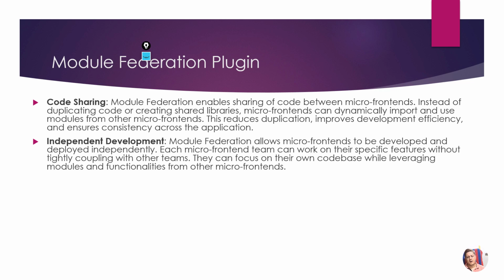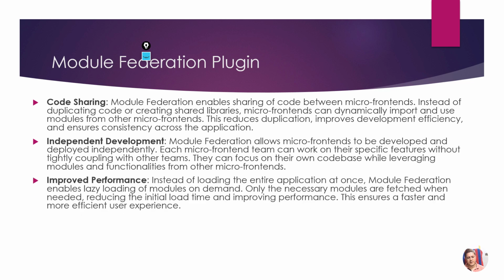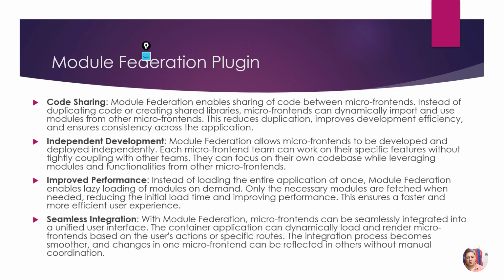We can implement independent development on all the different repos. We can get improved performance because we can enable lazy loading; suspense and lazy features are there in React.js also, and we can improve performance by compressing and optimizing images. So many things we can do, and with the module federation plugin we can seamlessly integrate the different MFEs and different repos, which I am going to show you very shortly.